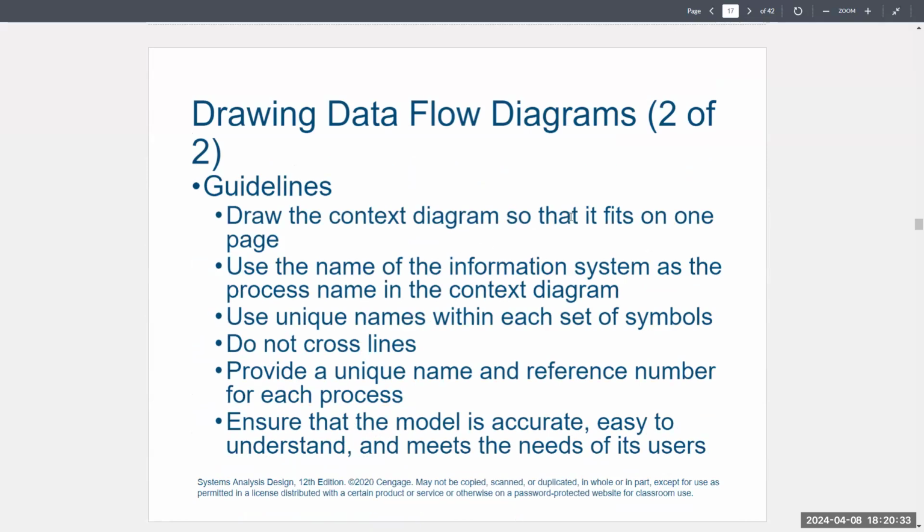Drawing the context diagram so it fits in one page. Exactly, right? That flow chart I talked about, right? One of the flow charts, you just had it in multiple pages. It might be happening, but what you would see is if you look up the flow chart symbol, there will be a terminator symbol, right?